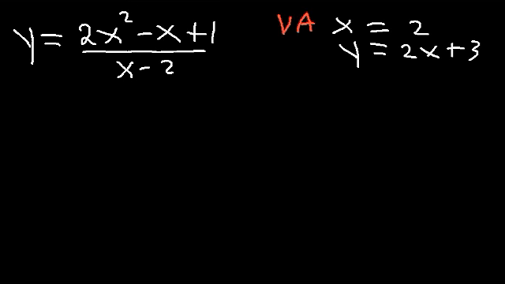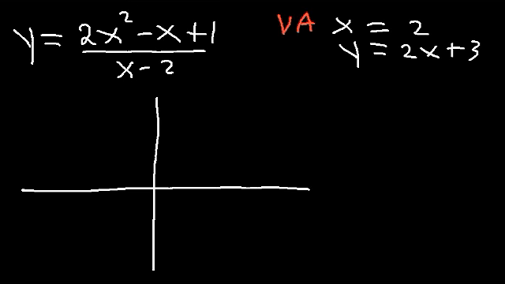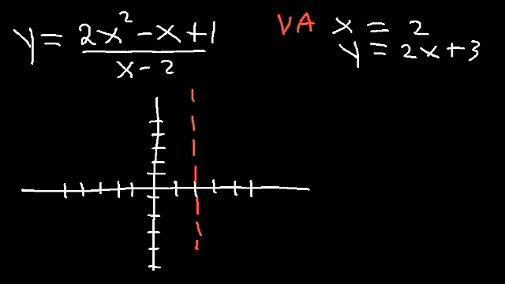So let's go ahead and graph the equation. We have a vertical asymptote at x equals 2 and a slant asymptote y equals 2x plus 3.